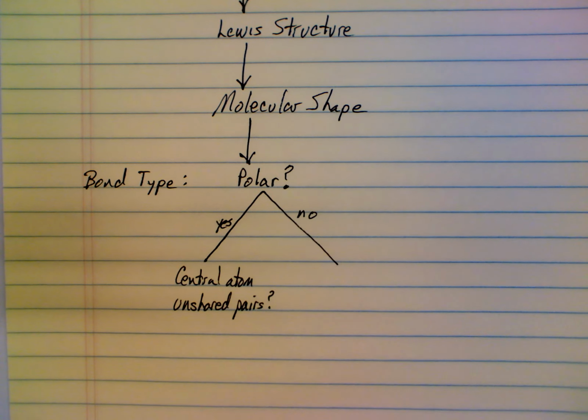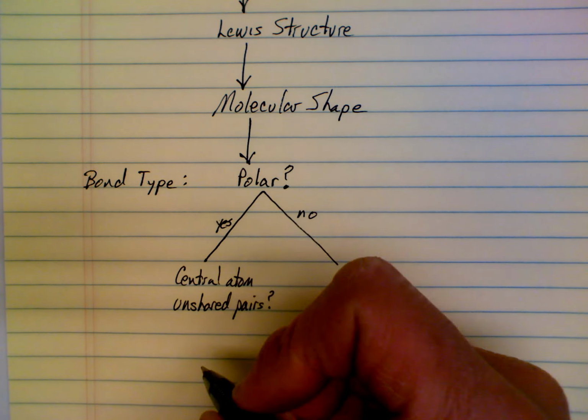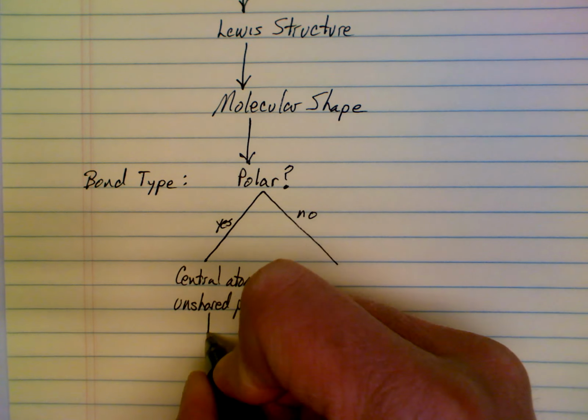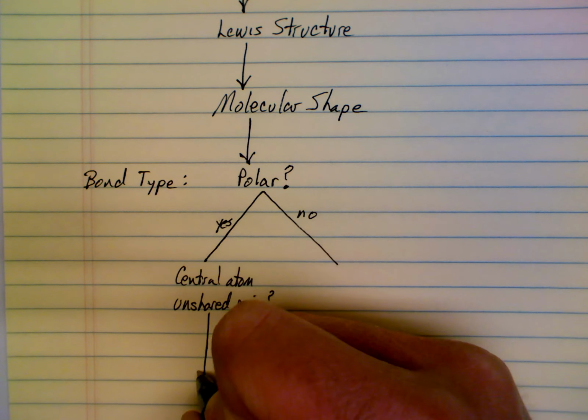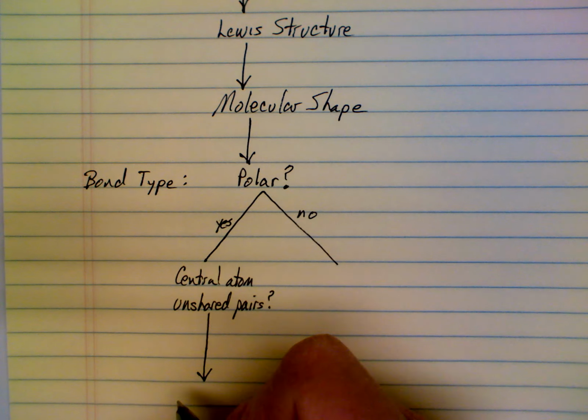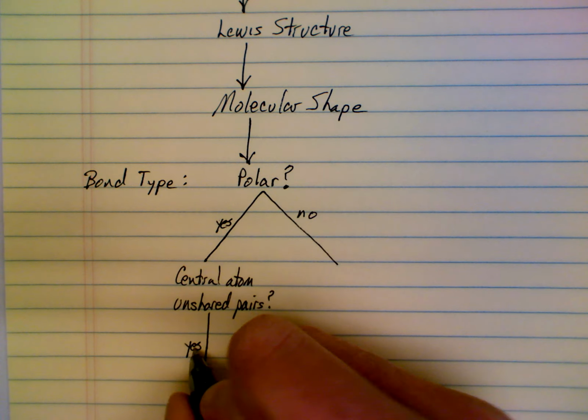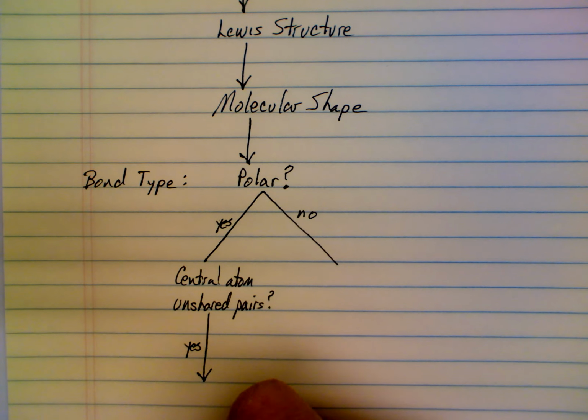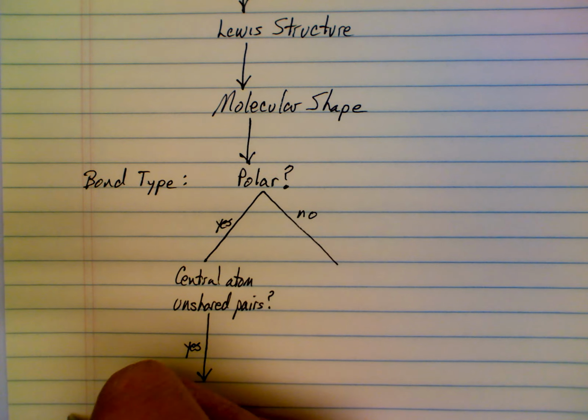So if the central atom has unshared pairs, then the molecule is going to be polar.